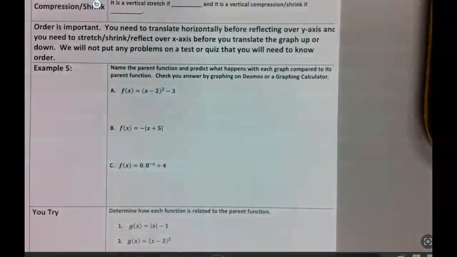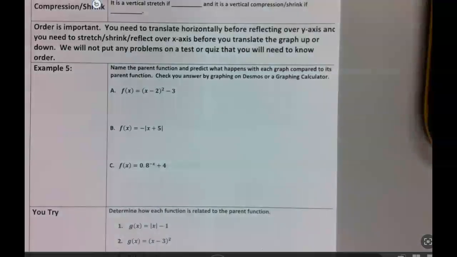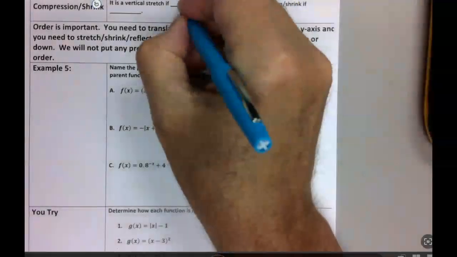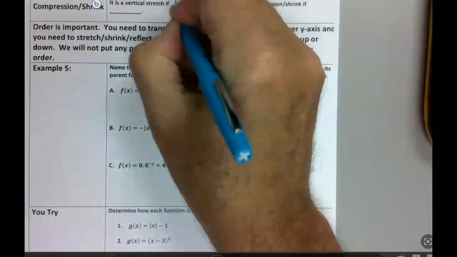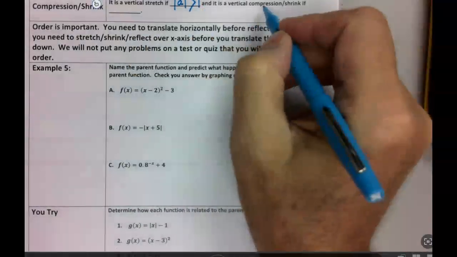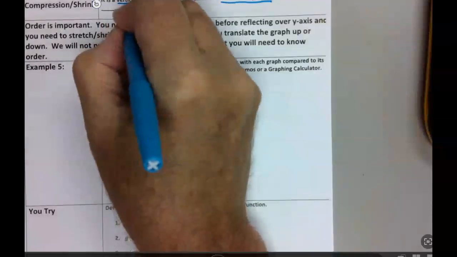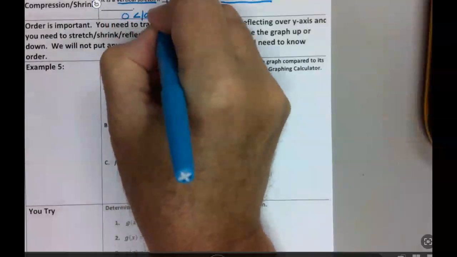So, what did we learn here that happens? If it is a vertical stretch, then the absolute value of A is greater than 1. If it's a vertical compression, then the absolute value of A is between 0 and 1.